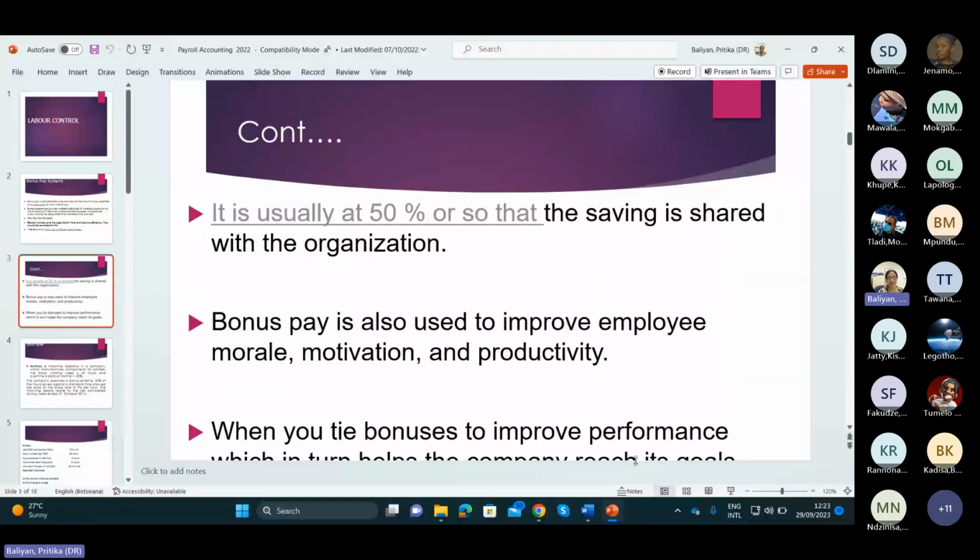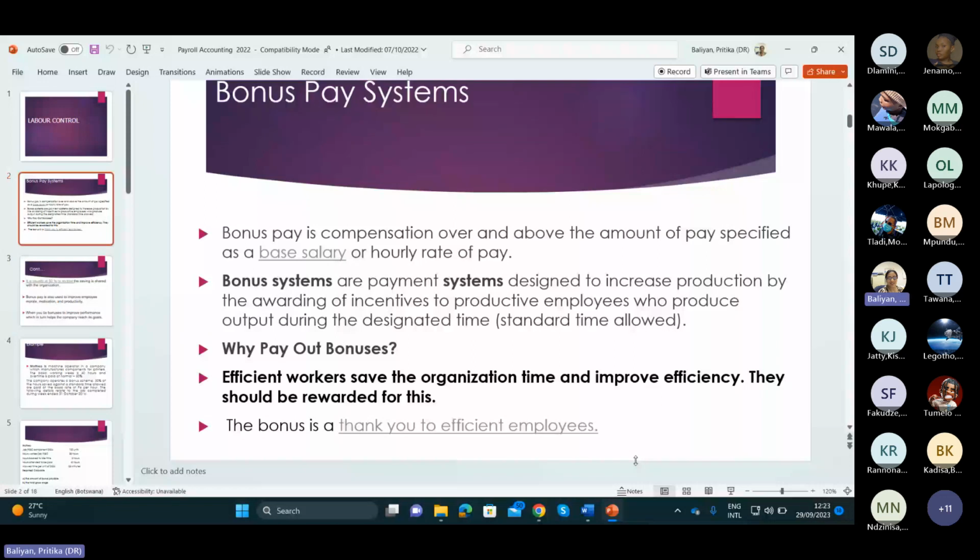Now we know that the bonus is an extra compensation or extra reward given by the organizations to their efficient workers who improve the efficiency of production and save the time of the organization. But now here is the question: how to pay for their efficiency and how much to pay to the efficient workers for their higher performance.